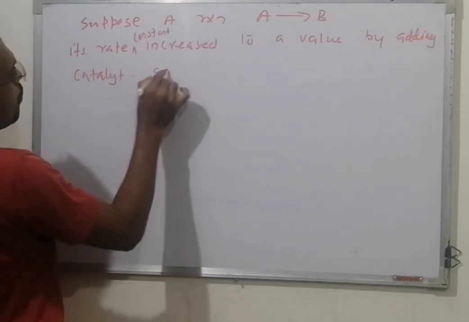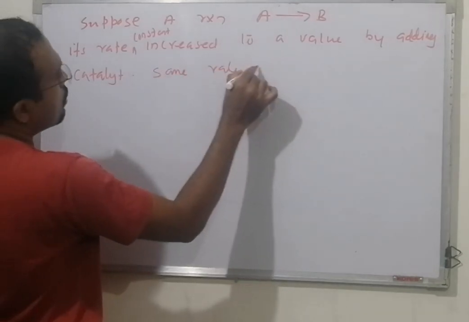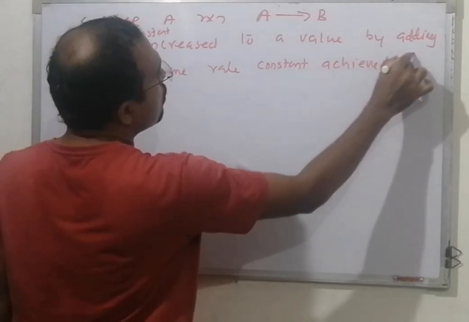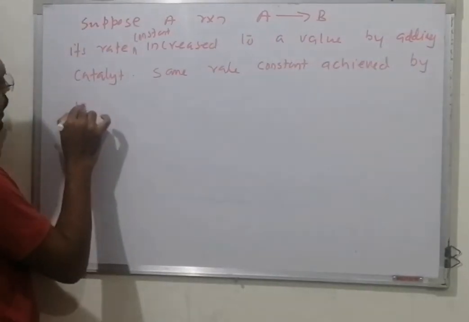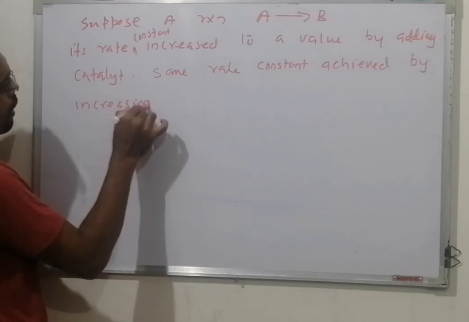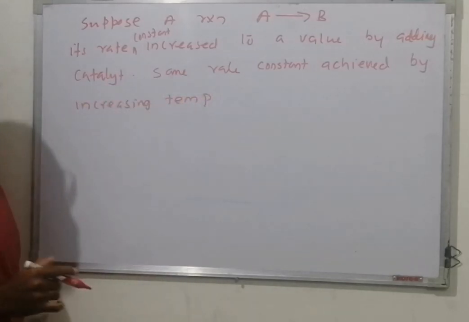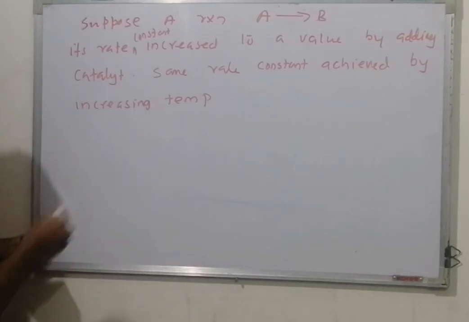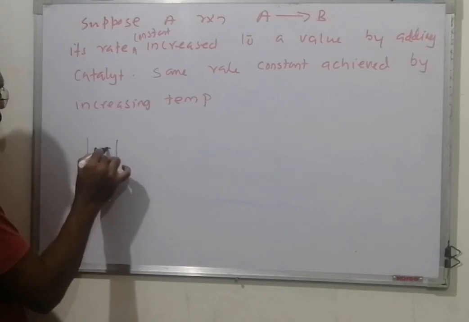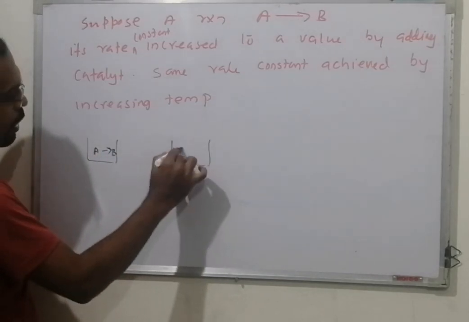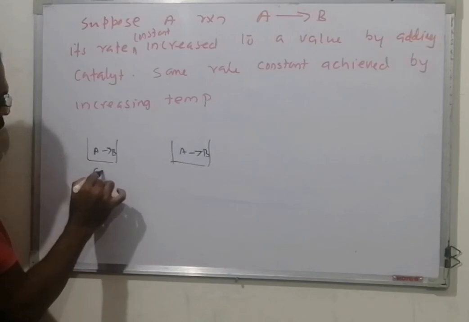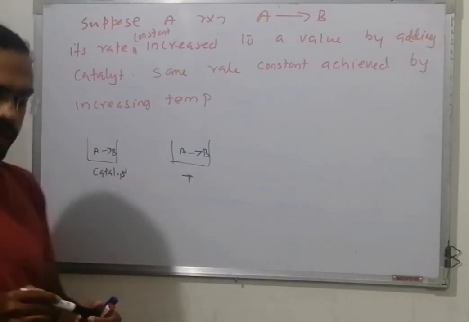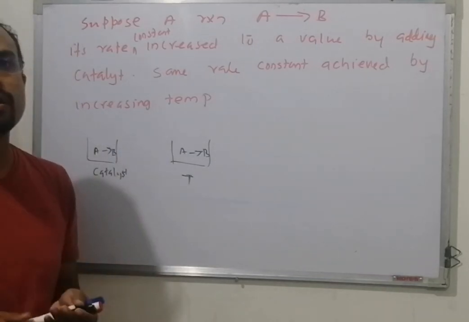Same rate constant or rate achieved by increasing temperature without catalyst. Therefore, same reaction, you have A gives B, another bottle A gives B, same speed. Here catalyst, here temperature. In one case you have added catalyst, in another case you have increased temperature.